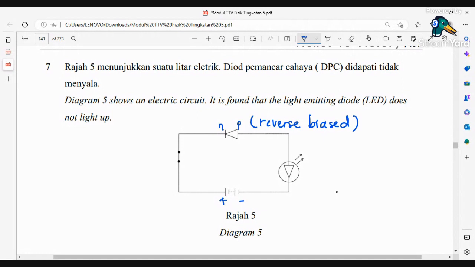In order to allow current to flow in this circuit, we need to reverse the connection of the diode, or you can reverse the terminals of the battery. This means we need to ensure that the diode is forward bias, then only will current flow in the circuit and the LED lights up.